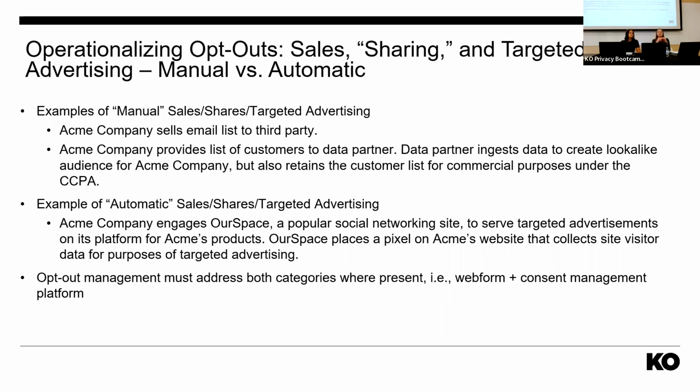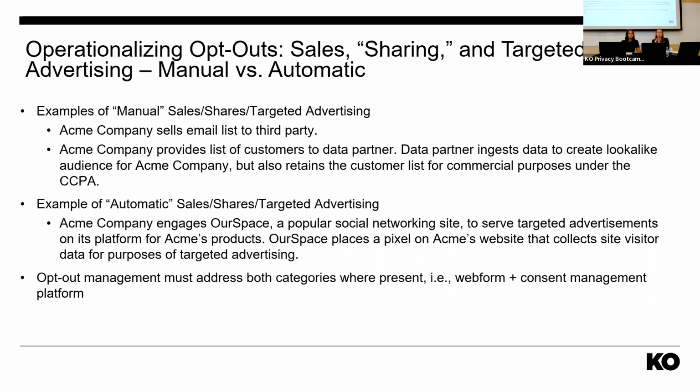So when you're preparing in January to launch all of these new opt-out requirements, make sure that you're not just looking at what opt-outs we need to provide with our consent management platform for advertising, but also whether there is anything we're doing that requires a manual opt-out option. Do we also need to be collecting consumers' email addresses for our opt-out so that we can avoid sharing that consumer's email address with our advertising partner that is providing us with lookalike audience lists?